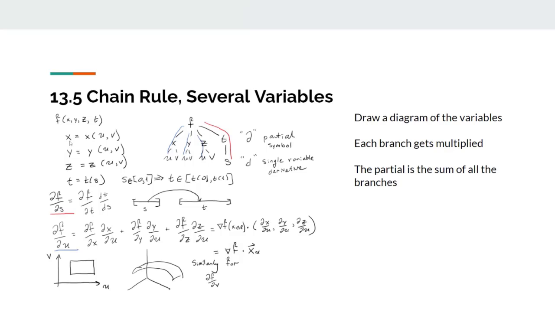We're saying that x is a function of u and v, y is a function of u and v, z is a function of u and v, and then t is a function of s. These x, y, z are spatial variables, and t is like a time variable. Since x, y, and z are parameterized by 2 variables, we can imagine f as a surface changing over time.